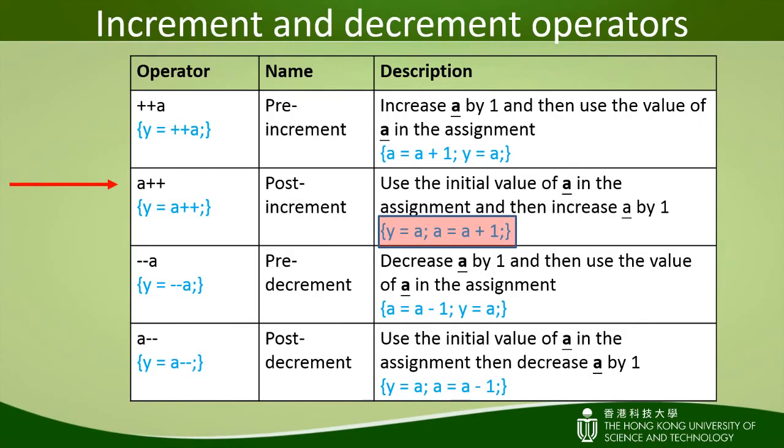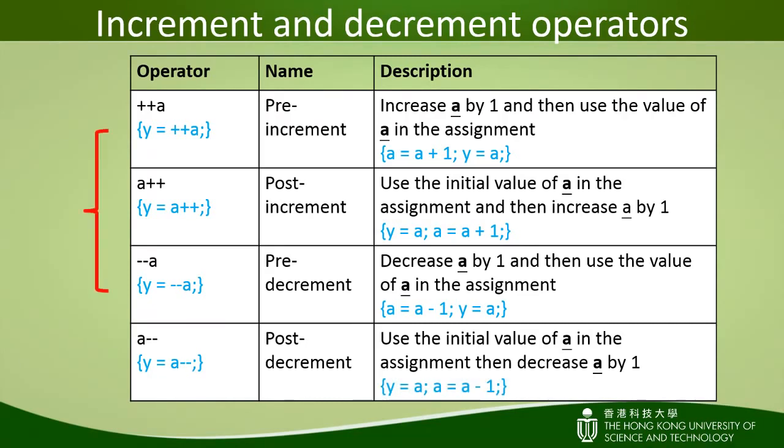The value of y will be different between the two, while the resulting value of a will be the same in both cases. The third one is --a, which is a pre-decrement operator. Similar to the pre-increment operator, --a will first decrease a by 1, and the result will then be assigned to y. The last one, a--, is the post-decrement operator. It will first use the initial value of a in the assignment before decreasing a by 1.